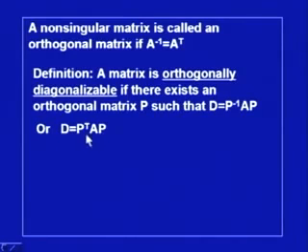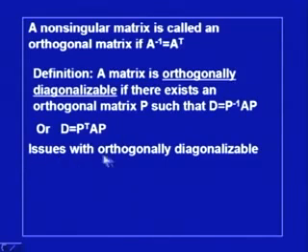So, we do not have to find P inverse in that case. Finding a transpose is simple as compared to finding an inverse. So, this is simpler than what we had earlier, and this is the purpose of defining orthogonally diagonalizable matrices. So, we define a matrix as orthogonally diagonalizable if we can have a matrix P such that D is equal to P transpose AP.